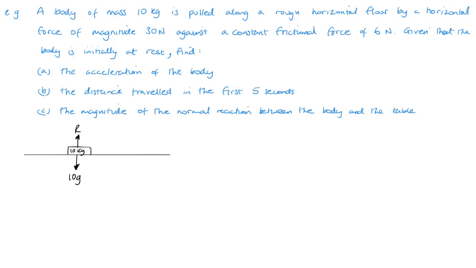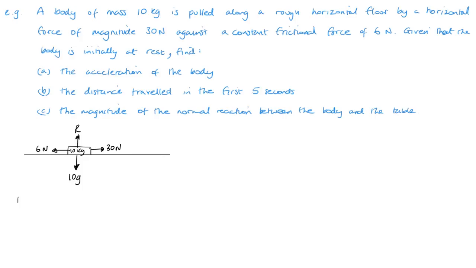Now it's being pulled along by a horizontal force of 30 newtons against a constant frictional force of 6 newtons. Given that it's initially at rest, find the acceleration of the body.